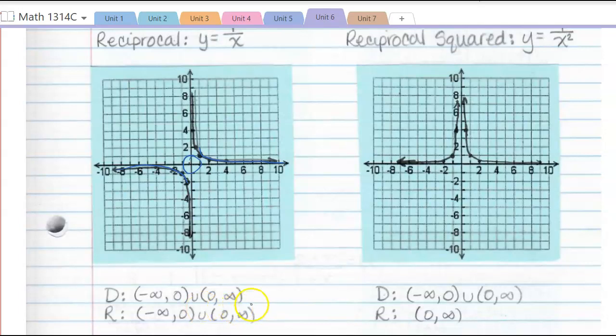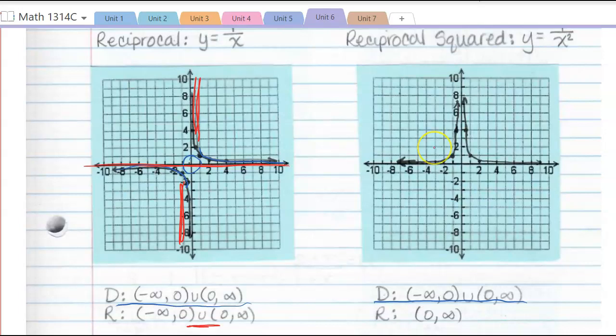So you can see the domain will say that for both functions. The range, notice we do have negative y values here and positive y values here, but we never actually touch the x-axis, so we do not have any values for y to equal 0.